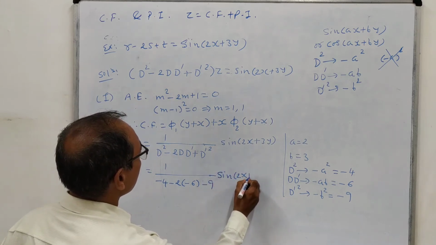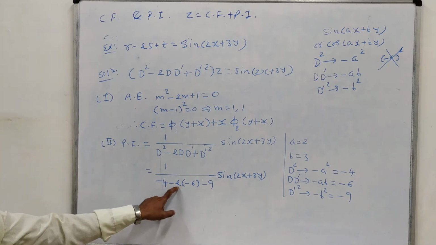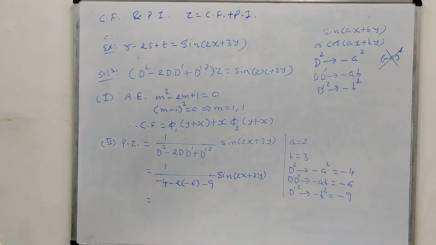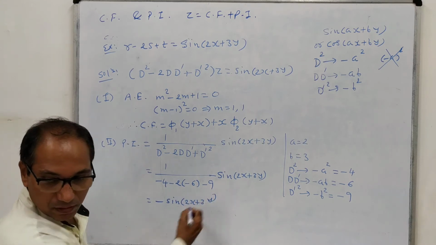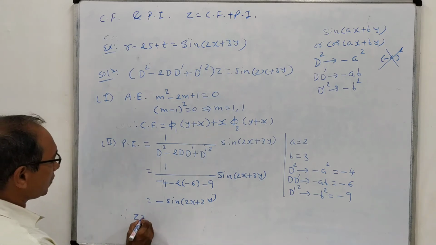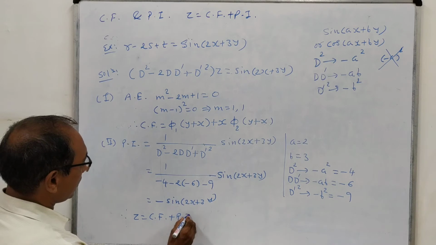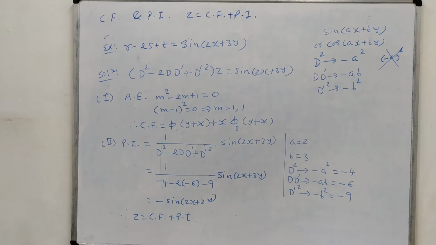So this is 1/(−4 + 12 − 9), 12 minus 4 is 8, and 8 minus 9 is −1, so −sin(2x + 3y). Then your final solution is z = CF + PI, where CF is this and PI is this one. So you can put these values to find the required solution.